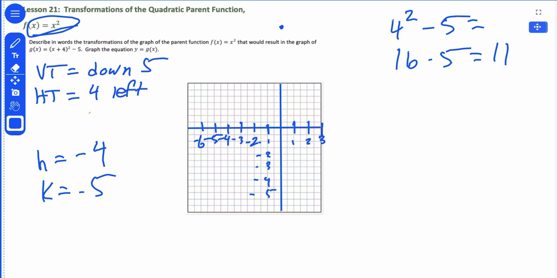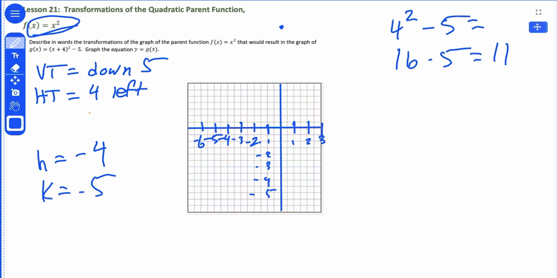Now, normally my vertex for just an x squared parent function is at 0, 0. That's the vertex. Now, if I move that vertex to the left 4 and down 5, I'm going to be at negative 4, negative 5, which is right here.